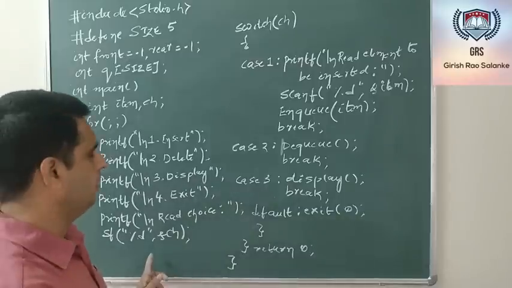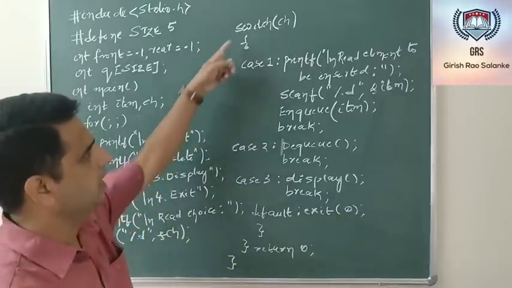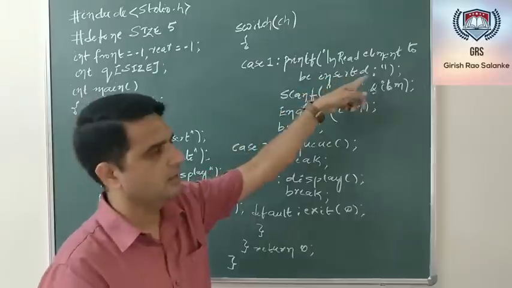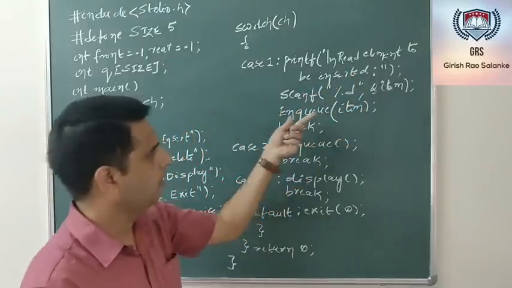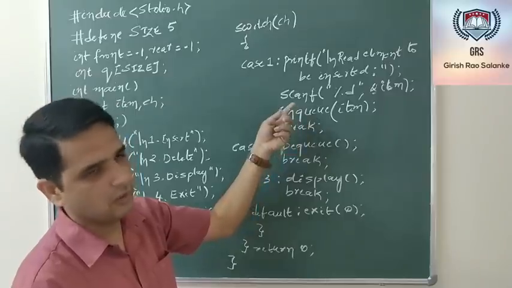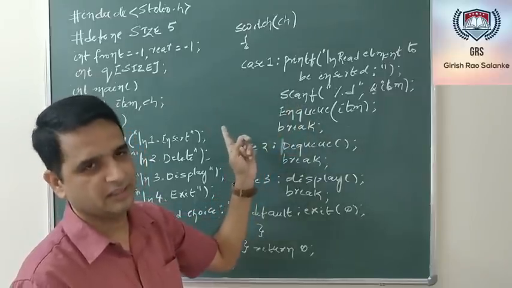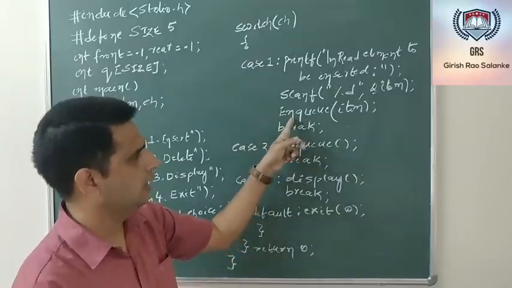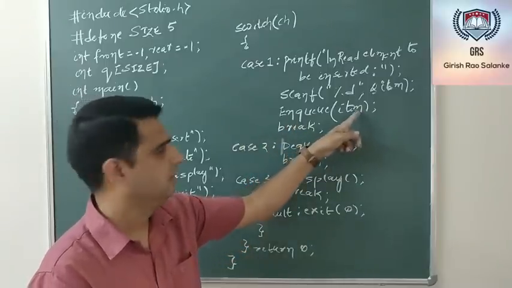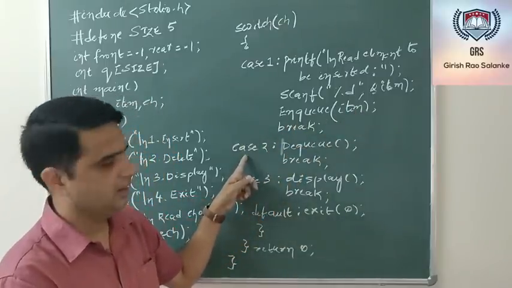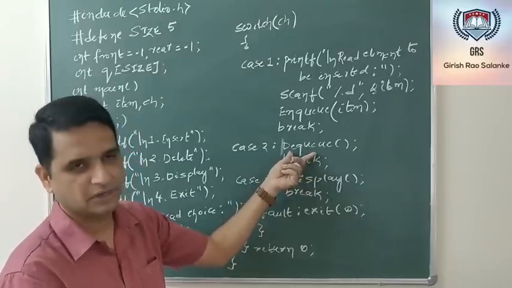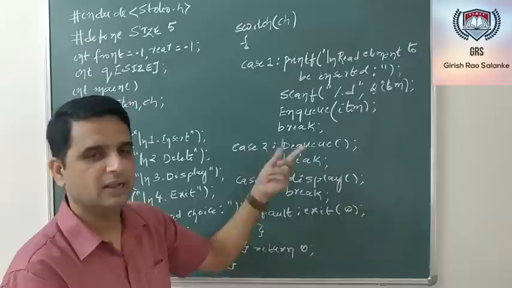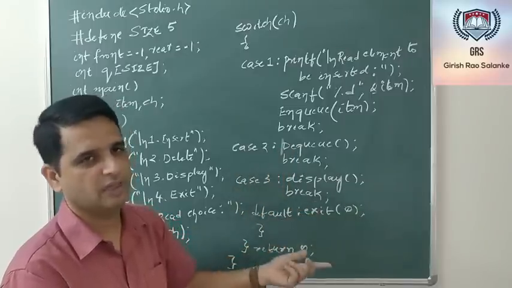So depending upon the value of ch that I am reading, case 1 is for the insertion operation. As you see, after reading the element to be inserted, I am calling the function enqueue. Note that enqueue function was not returning anything. The return type was void. So I am just calling enqueue with the argument as item. Similarly, in case 2, I am calling the deletion function, that is the dequeue operation. As you have noted earlier, the dequeue function was not having any arguments.